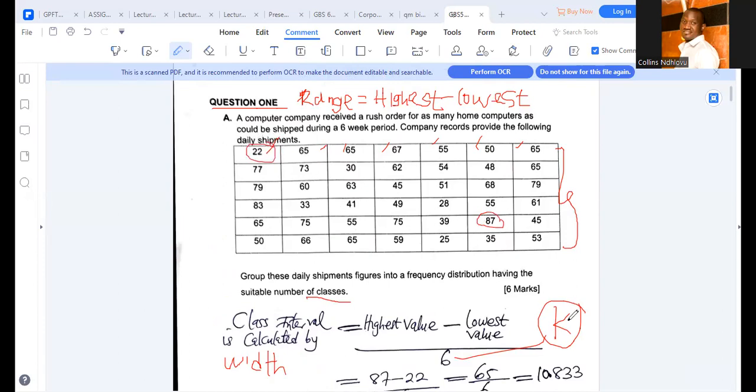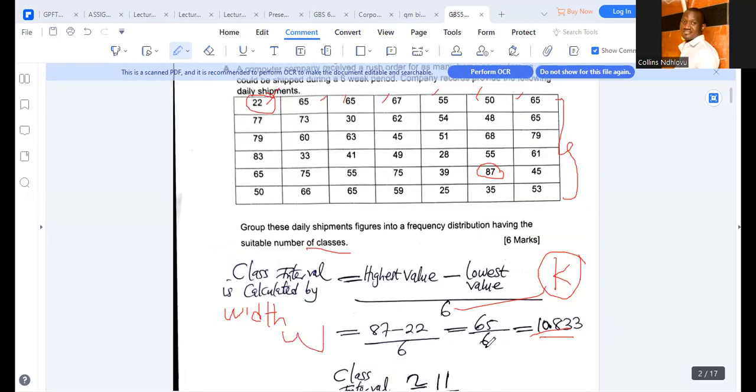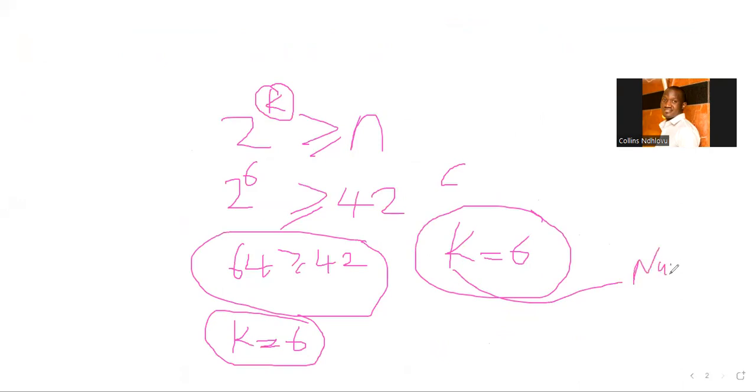Then we divide by k, which is 6, the number of classes. So k is the constant, equal to the number of classes.